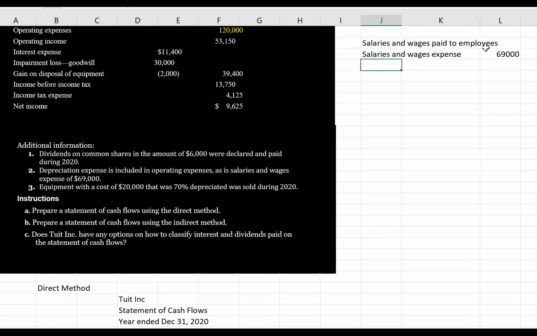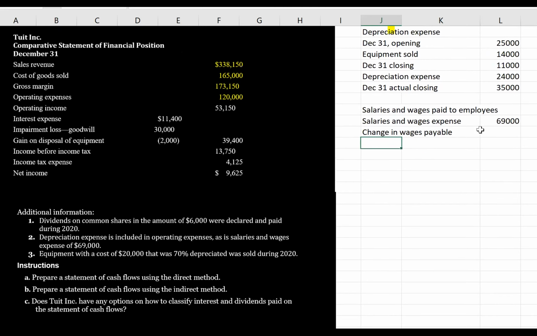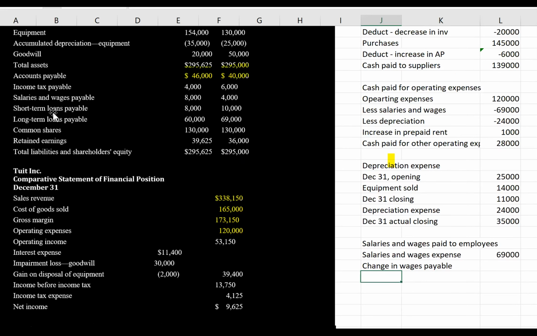So the change in wages payable. What happened there? Did it go up or down? Let's take a look. So what happened in wages payable? It was 4,000 and now it's 8,000.